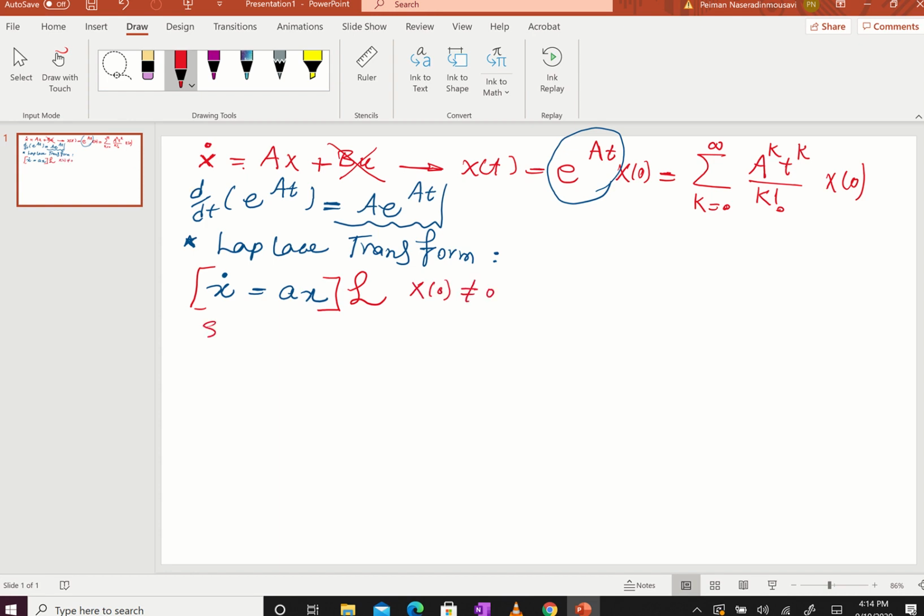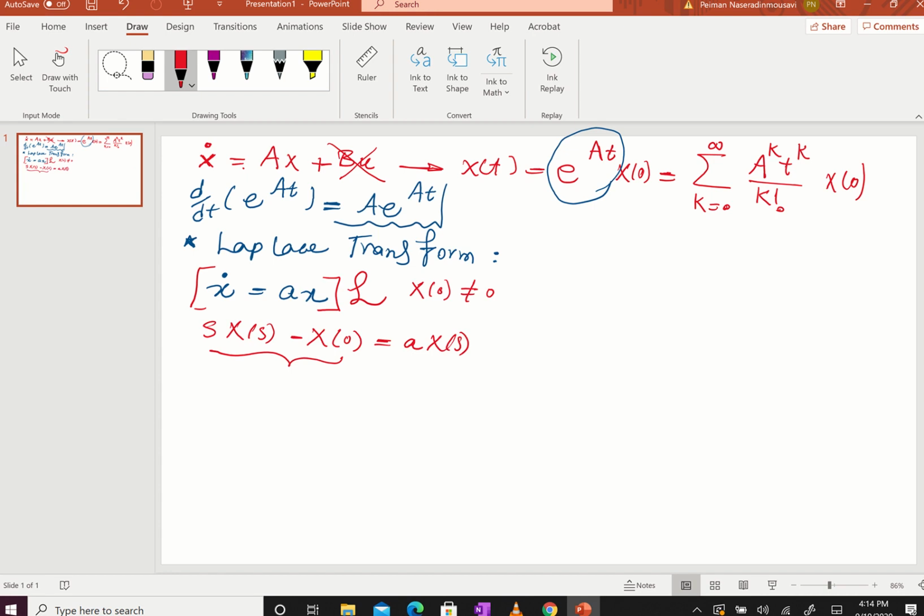So you're going to have s X(s) minus x at time 0 equals a X(s). Remember, this is the first time derivative in undergraduate control.